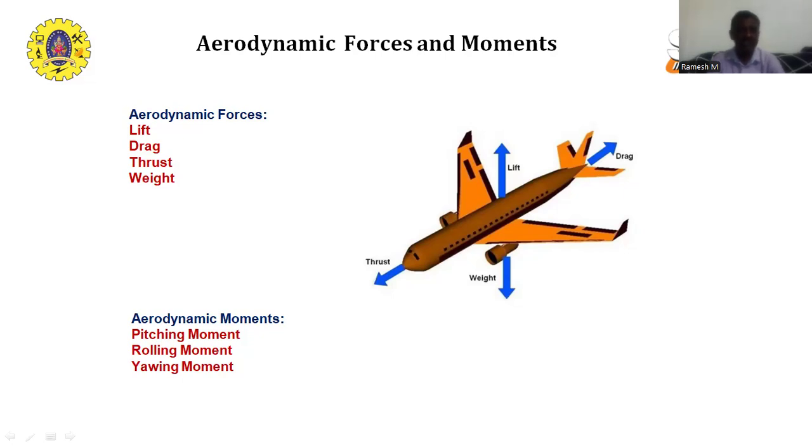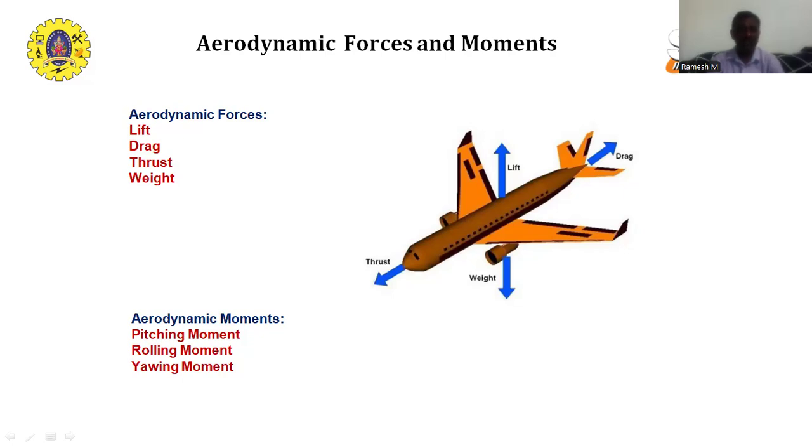Lift is directed perpendicular to the flight direction. The magnitude of the lift depends on several factors, including the shape, size, and velocity of the aircraft. As with weight, each part of the aircraft contributes to the aircraft lift force.